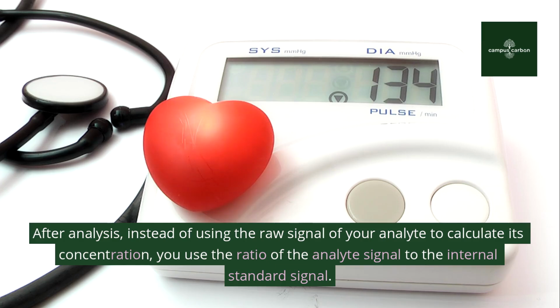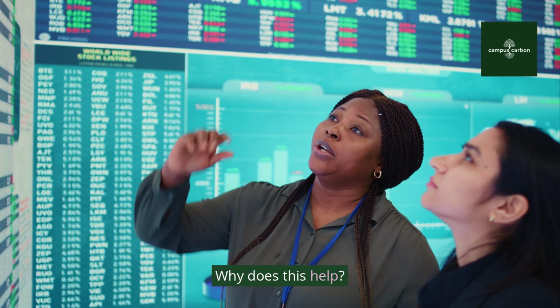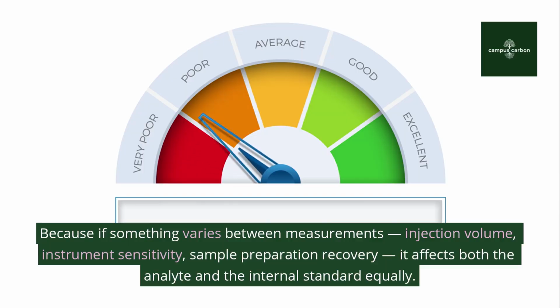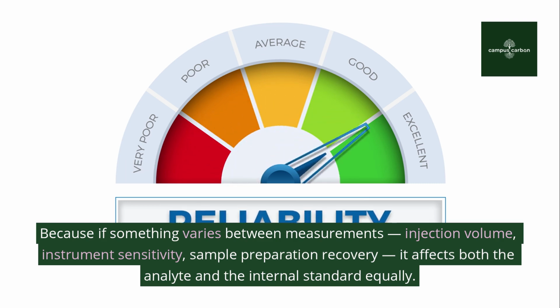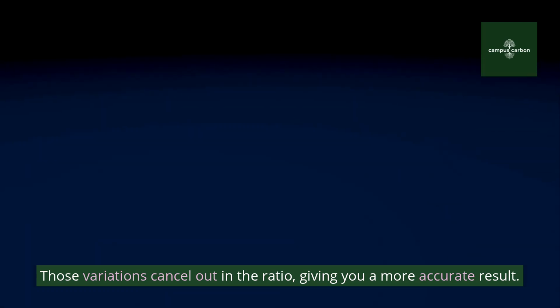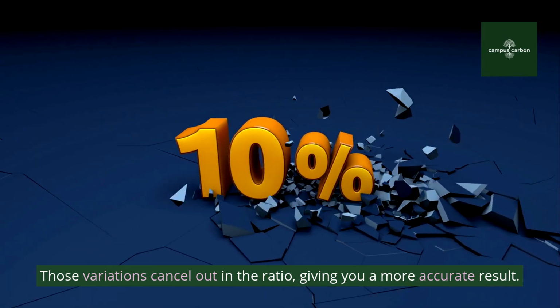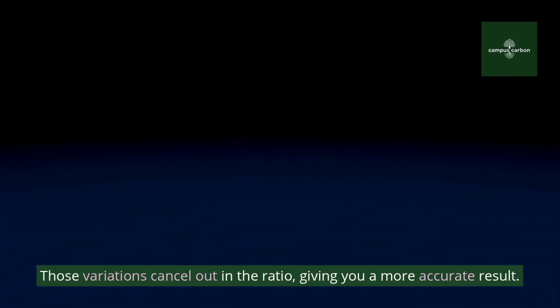After analysis, instead of using the raw signal of your analyte to calculate its concentration, you use the ratio of the analyte signal to the internal standard signal. Why does this help? Because if something varies between measurements, injection volume, instrument sensitivity, sample preparation recovery, it affects both the analyte and the internal standard equally. Those variations cancel out in the ratio, giving you a more accurate result.